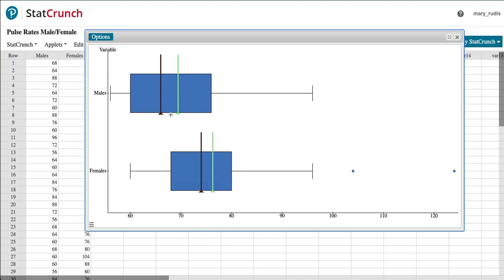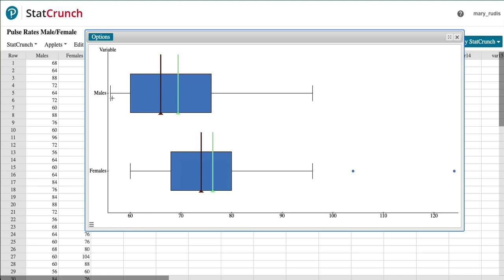And more than half of the male values are below that, because the median is the halfway point. So that's significant.